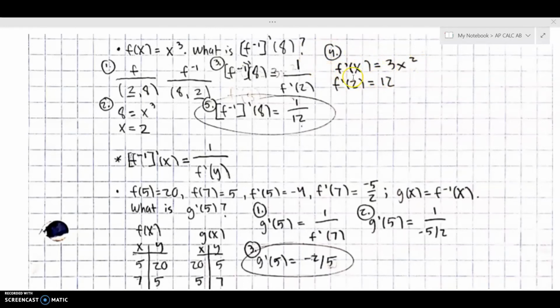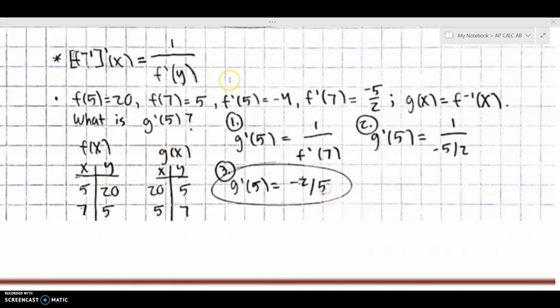So then you plug this result right here back into this function here, and that's how you get 1 over 12. So essentially, it asked us for the derivative of the inverse of f of x at 8, and this is that result.